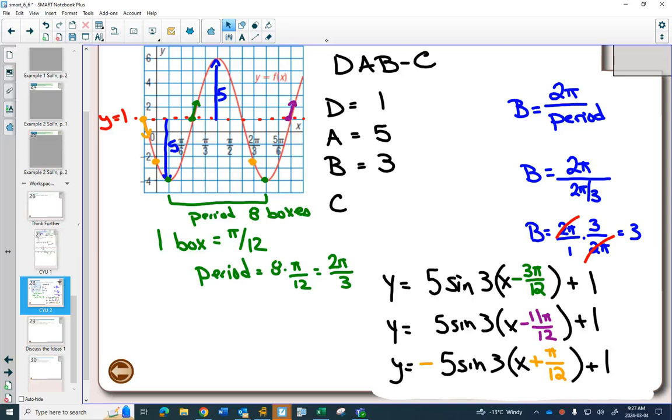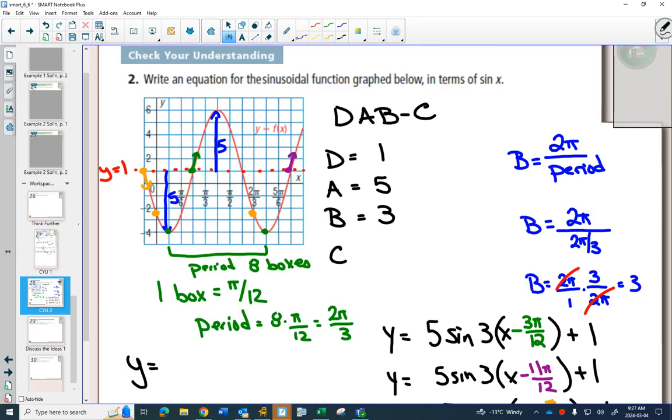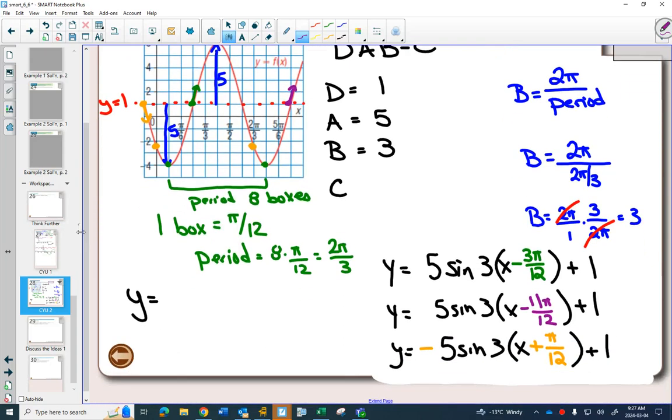And the other thing that we didn't even do is, and I'm going to just write one of them down, because the question said right here in terms of sin x. But sometimes it might just say write an equation of the sinusoidal graph without saying, do you have to choose sine or do you have to choose cos? So I could do the same thing with 5 and cos. And the b value is still 3. And the d value is still +1.